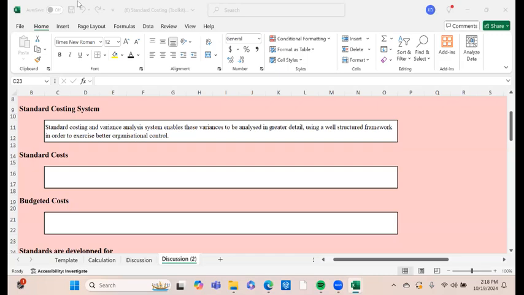So therefore, the raw material standard price, standard utilization, and the standard mix, all of that will decide what is going to be the raw material budget. So standards are set at per unit level, and that will be the building blocks to build the budget.